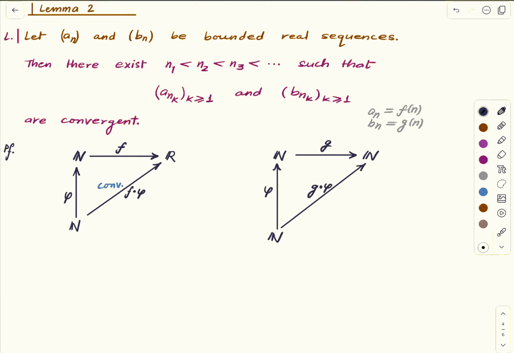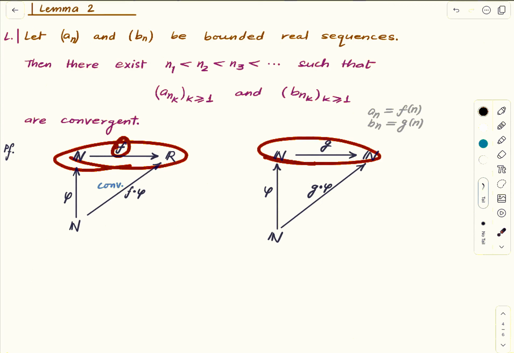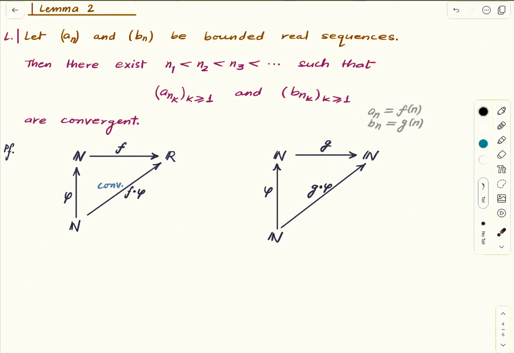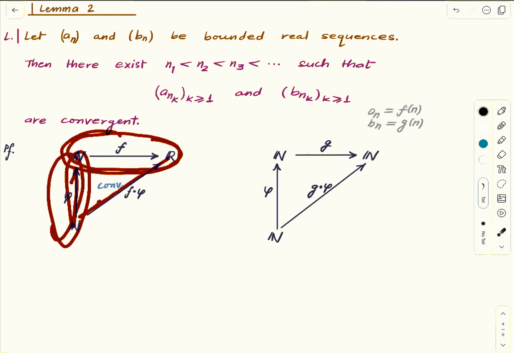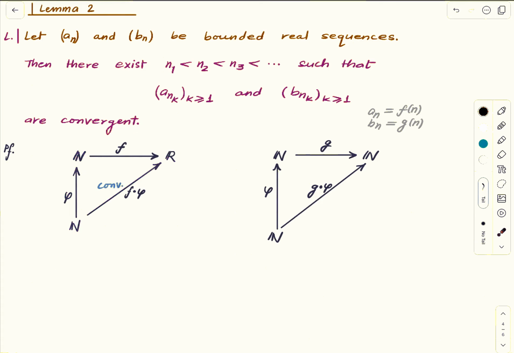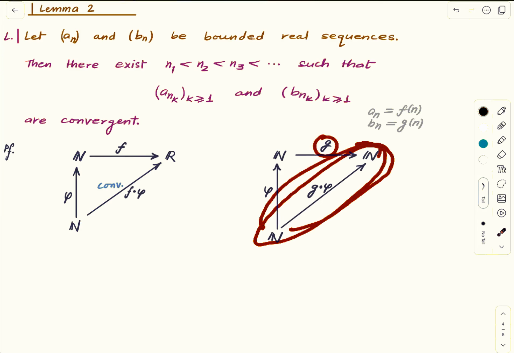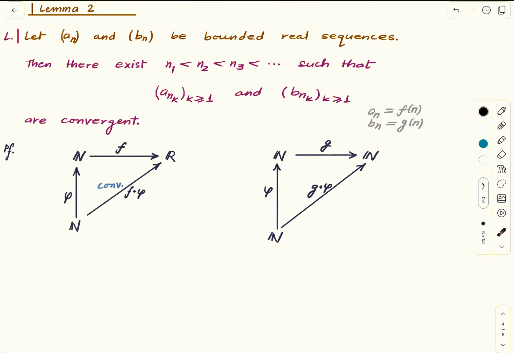So just to recap, we started with a and b, which we are denoting in the function language f and g. By Bolzano-Weierstrass property, f has a convergent subsequence, so there is some strictly increasing function phi such that the corresponding composite is convergent. We have recorded the convergence here. And we can form the corresponding subsequence of g, which we can't say also converges.